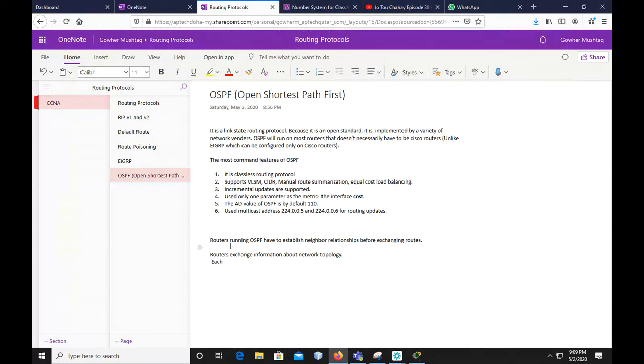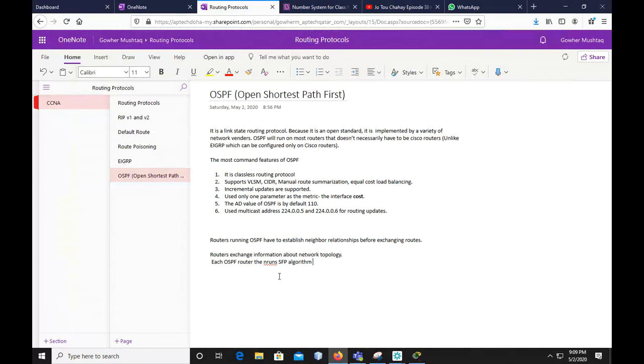So each OSPF router then runs SPF, shortest path first. This is the algorithm it's using.